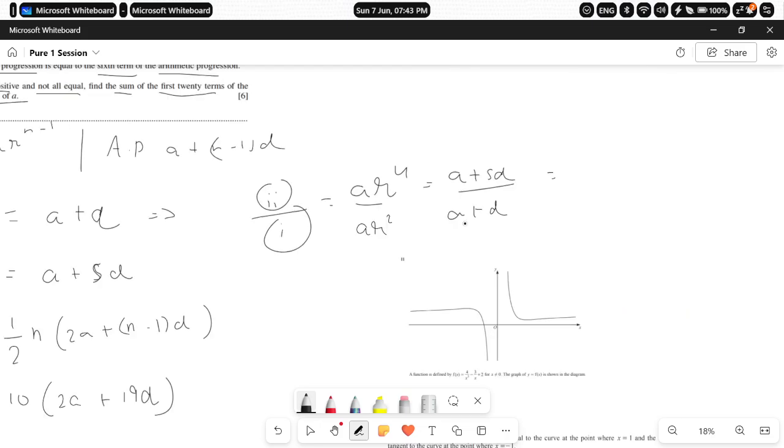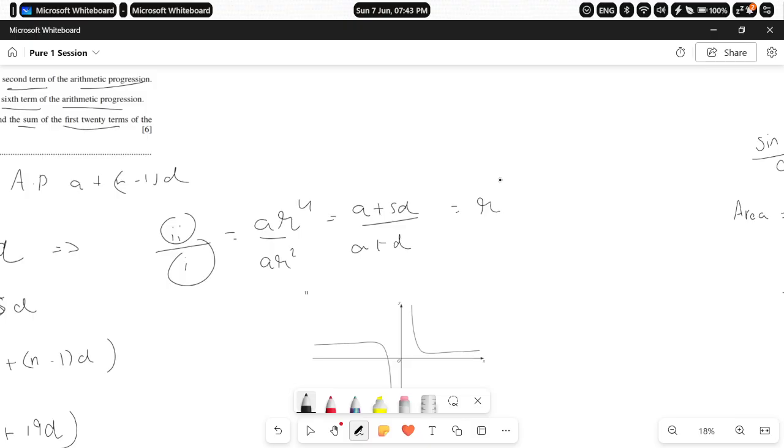So this gives you r squared is a plus 5d over a plus d, right?